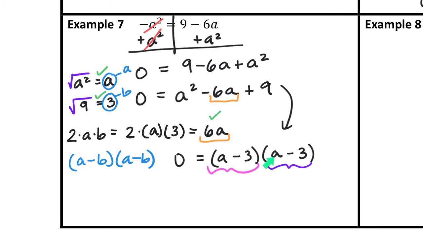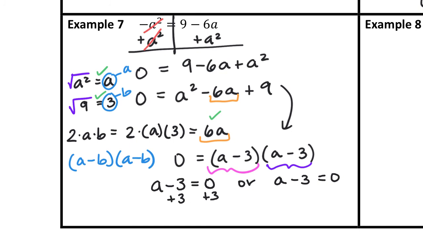If these are multiplying and I'm getting an answer of 0, that means that either A minus 3 is 0 or A minus 3 is 0. So we're getting the same conclusion, right? So we just have to solve for one. So I'll just solve for this one.